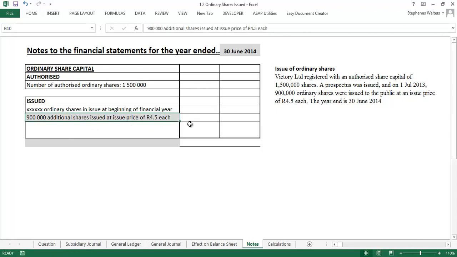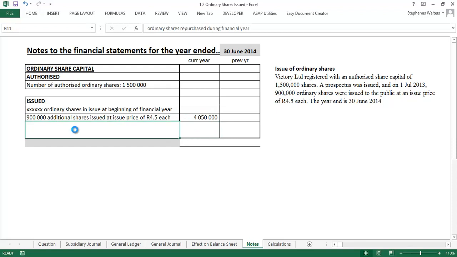So that then gives me a total amount in the current year column. Remember, this refers to your current year, which is 2014, and this refers to your previous year. We call that comparative figures. So in the current year, we're going to include our total amount, calculation 1, which is 4.05.